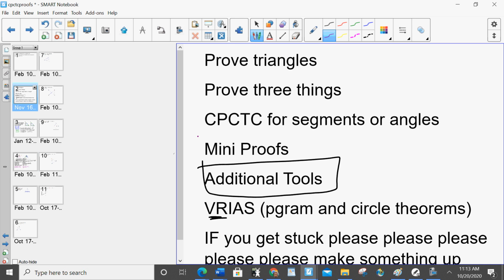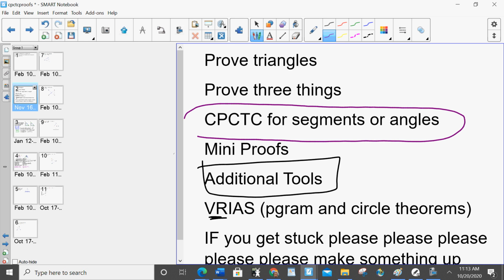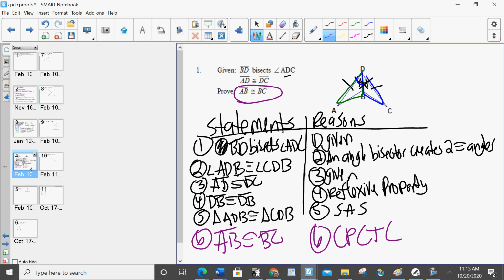In the song, CPCTC for segments or angles. If you're being asked to prove a pair of segments or a pair of angles, the reason is going to be CPCTC. If those triangles are congruent, then all the corresponding pieces are congruent. That's why AB is congruent to BC.